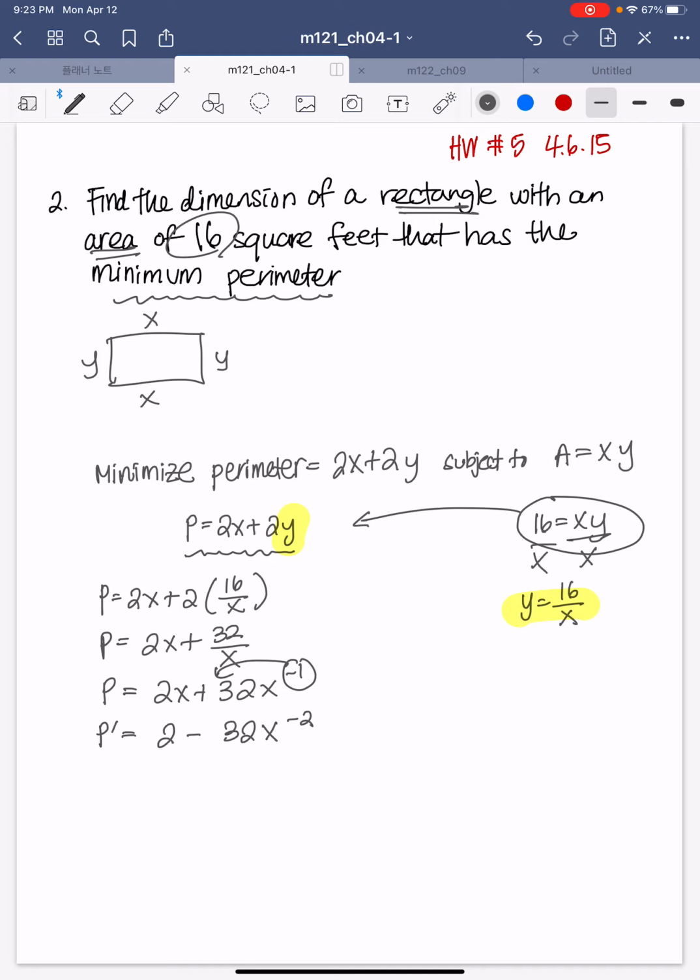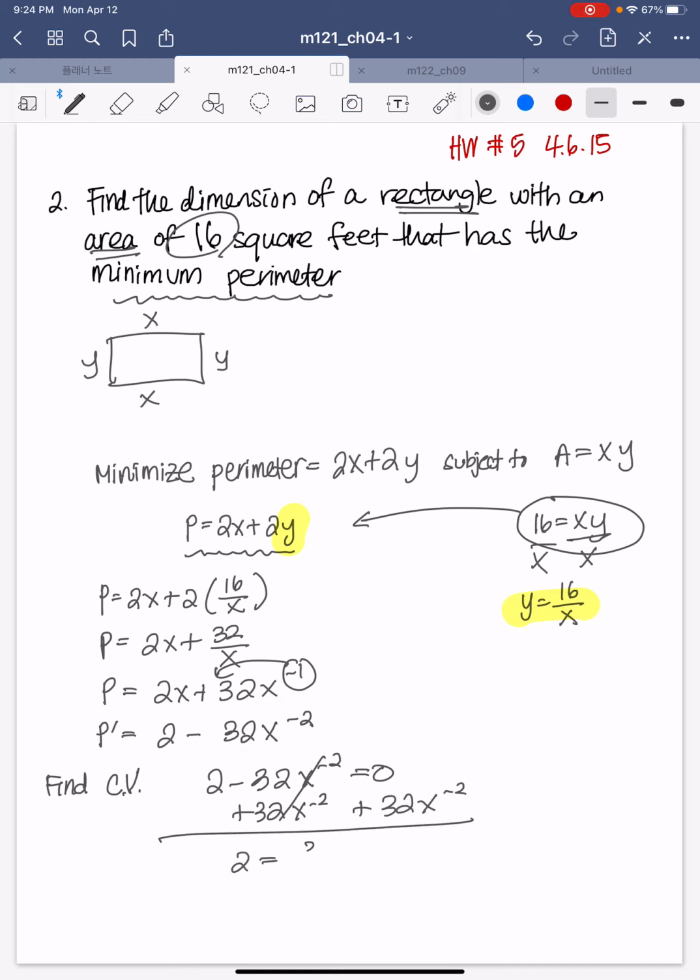So let's find the critical value. That means we set the first derivative function equal to 0. So I'm going to add 32x to the negative 2 to both sides. I have 2 is equal to 32x to the negative 2, and I just put it into positive exponent. 2 is the same thing as 2 over 1.